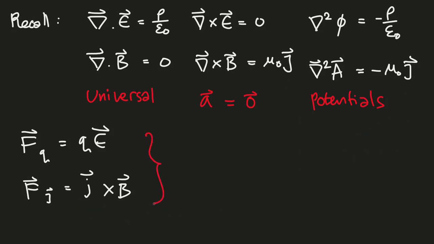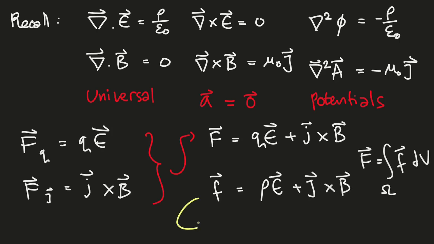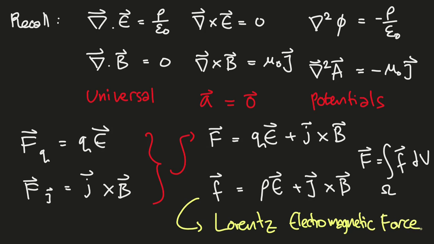If these two forces combine or coexist, then the total force will equal this, or the force density will equal this, usually known as the Lorentz electromagnetic force, or sometimes we call it the Lorentz force or just electromagnetic force.